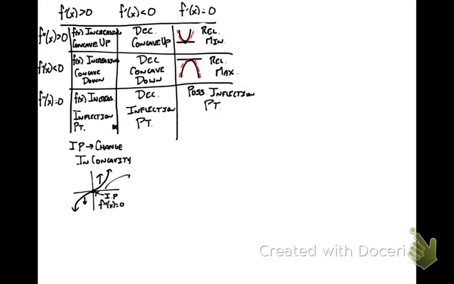So x cubed would be an example where you do have an inflection point at 0, but one where you don't have an inflection point would be if the original function is just a constant. Its derivative would be 0. Its second derivative would be 0.